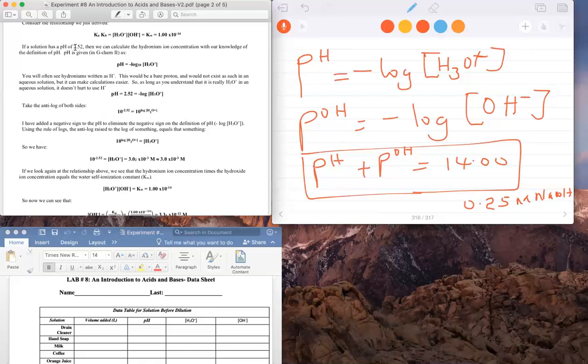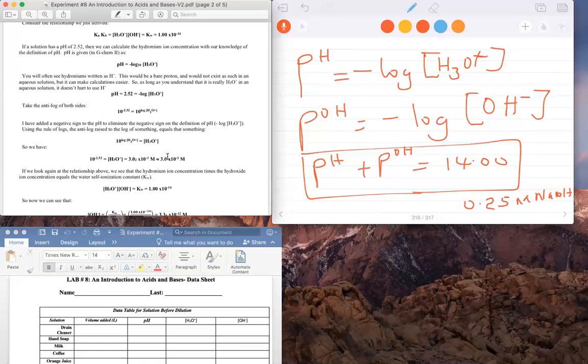Look at this. If you are given the negative log of this value, you would expect this to have 3 significant figures. But the final answer is given with 2 significant figures.